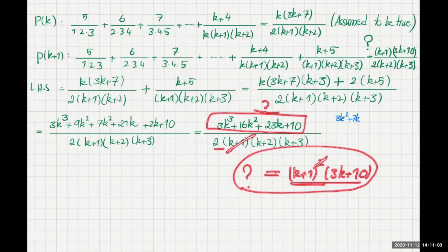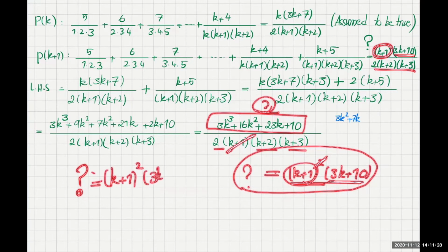The denominator is completely fixed now, and one k plus 1 will remain in the numerator, which is necessary here. And there is a 3k plus 10 left, which I need. So this is my rough guess. My rough guess is that the question mark should be k plus 1 to power 2, 3k plus 10, yes?